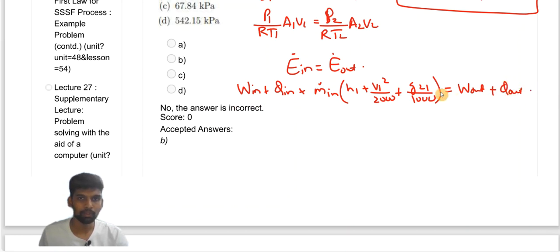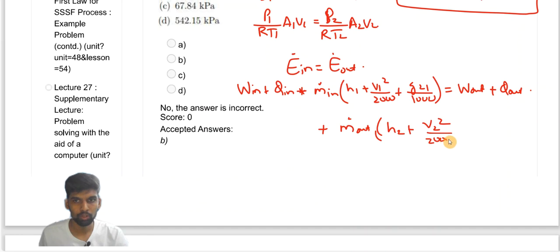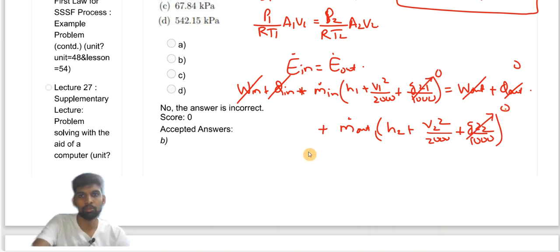Start with the complete equation so as to avoid making any mistakes. Okay, it will not take much time to jot down this equation: V2 square by 2000, then g z2 by 1000. Nothing is mentioned about this, similarly this, so 0. And potential energy changes are also negligible because they haven't given any information related to this.